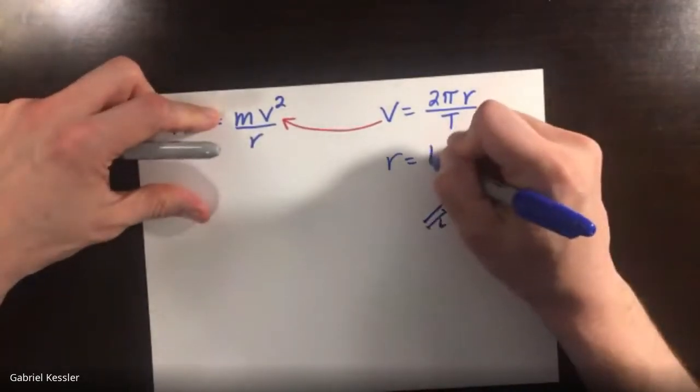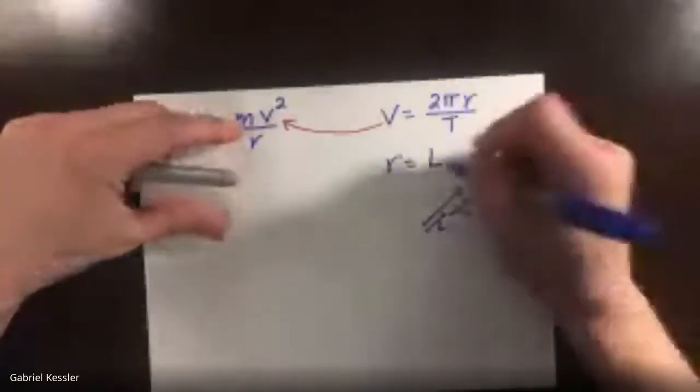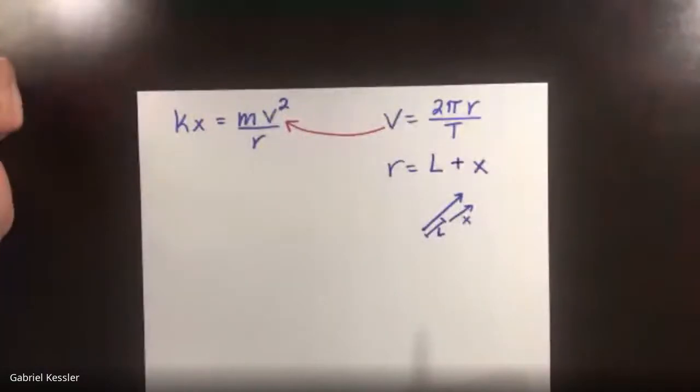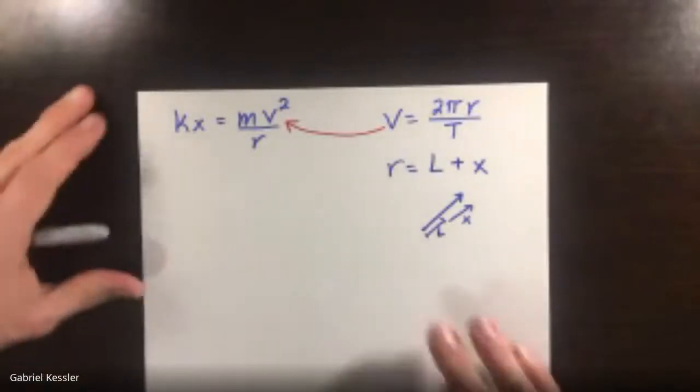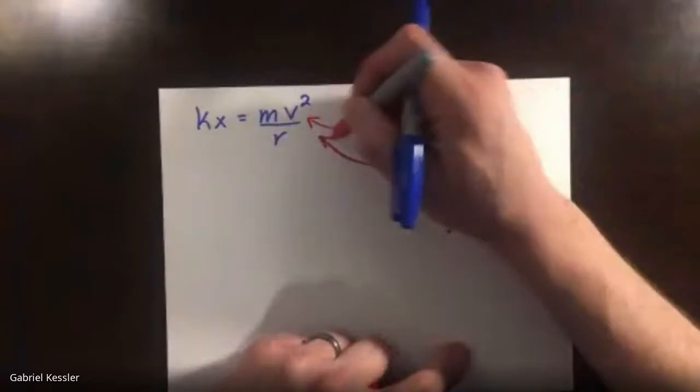So that radius includes the original length of the spring, and then as it spins around, it's going to stretch as well. So I'm going to plug the radius into this equation as well.